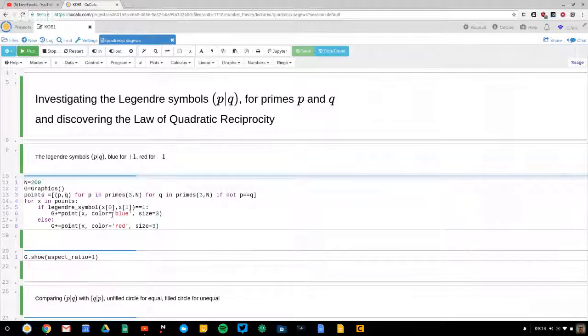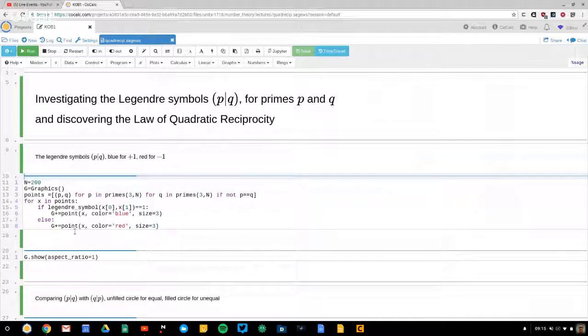In MATLAB, it begins at 1. But most other computer languages begin indexing at 0. So this essentially says if the Legendre symbol (p/q) equals 1, we add to G. G += says add to G, it's shorthand for G = G + whatever, and we're adding a point at location, the x vector, and we're coloring it blue.